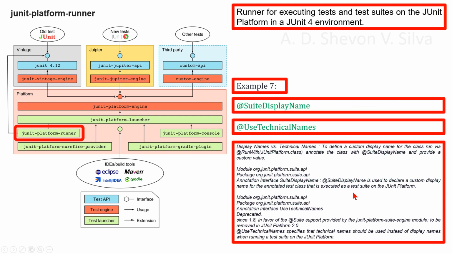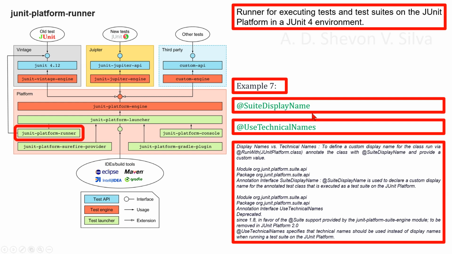Now we are considering display names versus technical names. To define the custom display name for test class, run via @RunWith(JUnitPlatform.class), annotate with the class @SuiteDisplayName and provide the custom value.